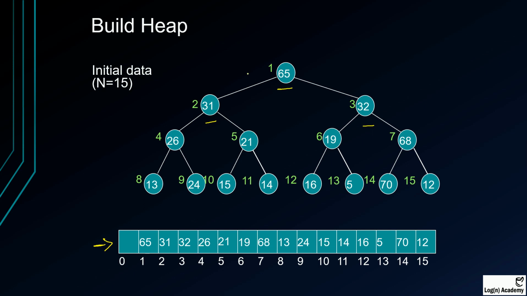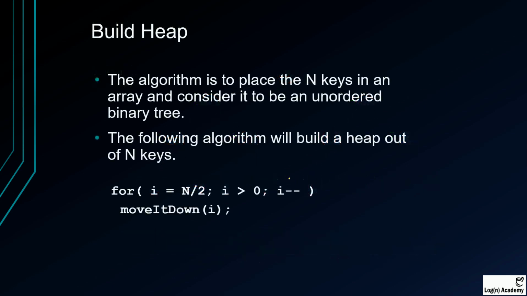Now to turn this into a min heap, we can do something like this. The algorithm is to place the n keys in an array and consider it to be an unordered binary tree.